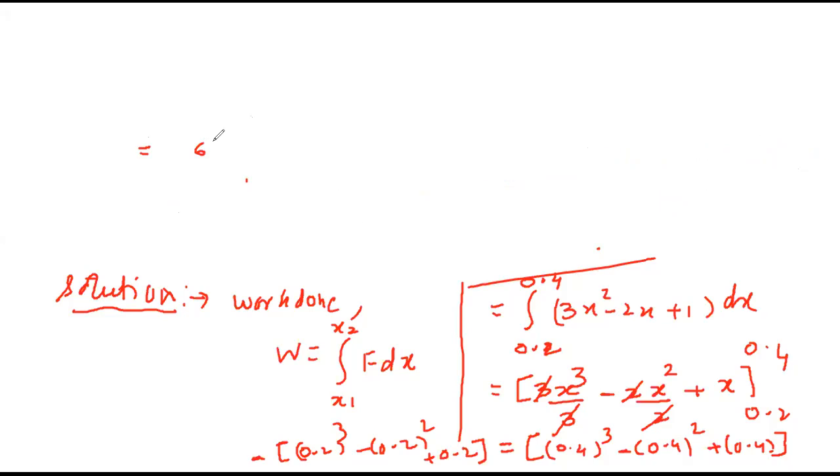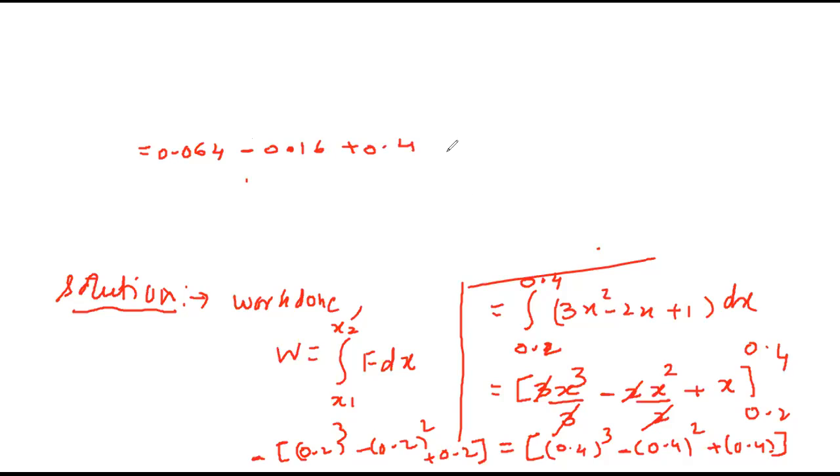And the decimal after how many digits? 1 cube, 3 digits. So 0.064, because of the cube. Minus, what is 0.4 square? 0.16. Okay? Yes sir. Plus 0.4.